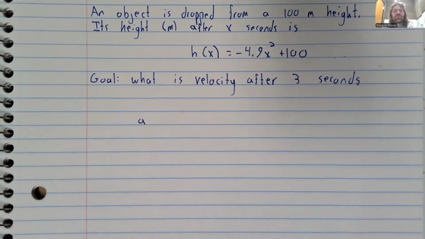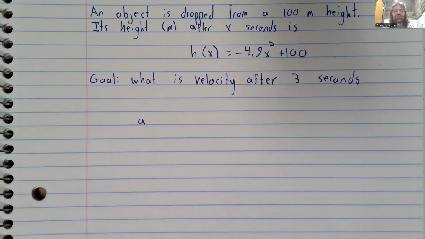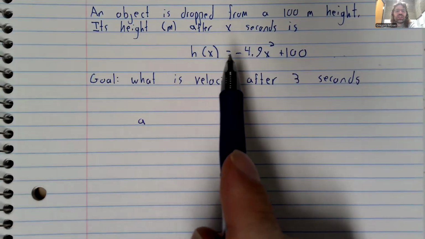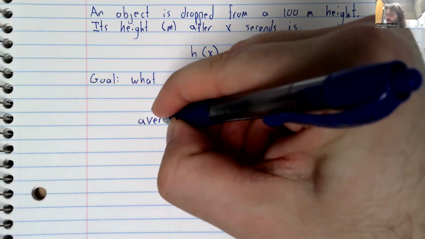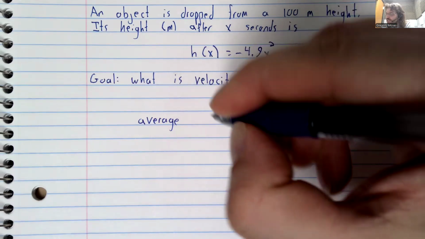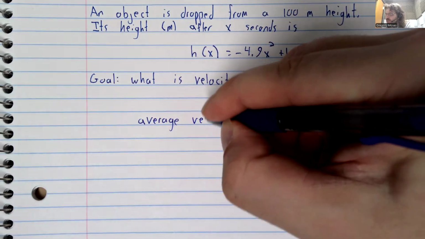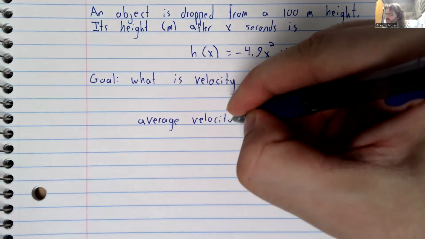We did an example of an average rate of change with a height function, and we found that its units were meters per second. We found that the average rate of change of height is the average velocity.